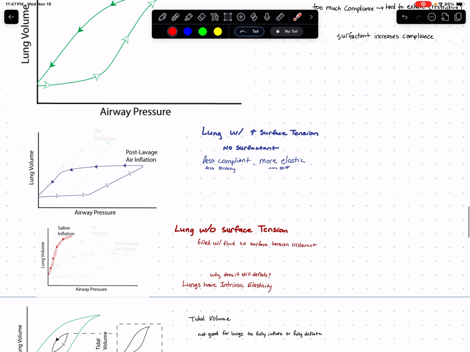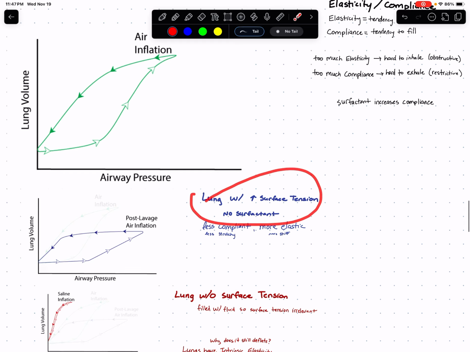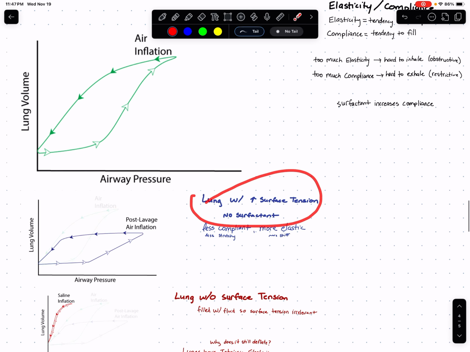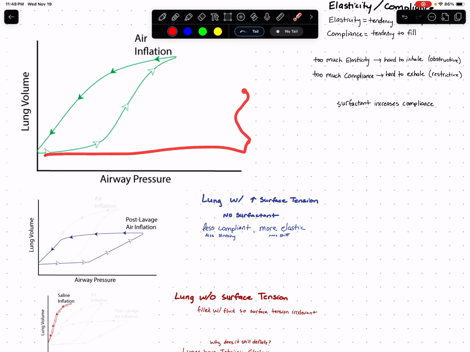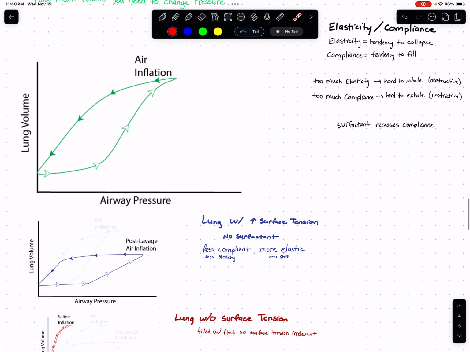So, lung with air, surface tension would take this and shift it to the right, as you can see right here. Because if we had increased surface tension, we'd need more pressure and we wouldn't be able to fill as much. So, lung with no surface tension, we'd be able to just fill it right away.